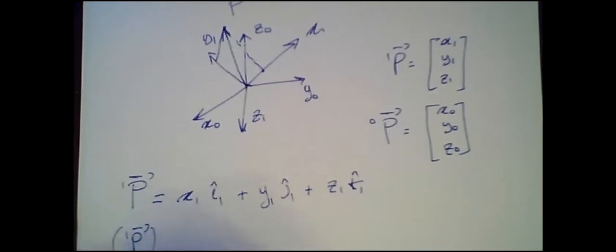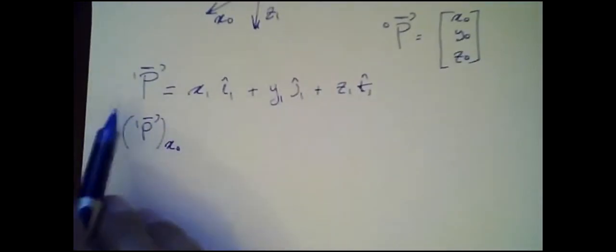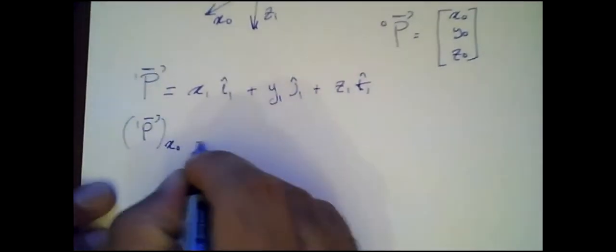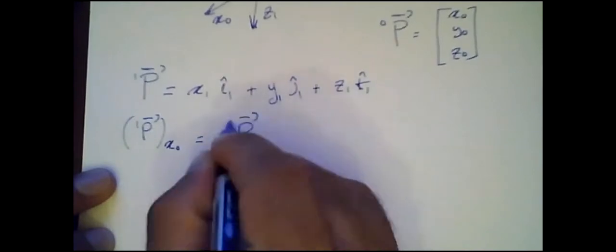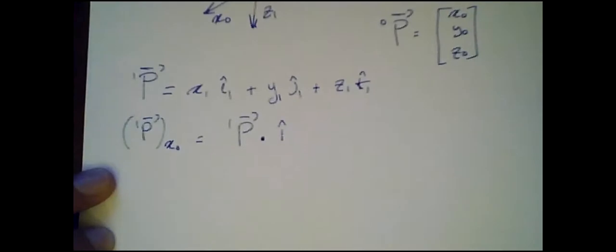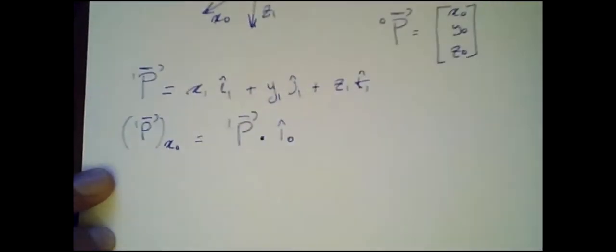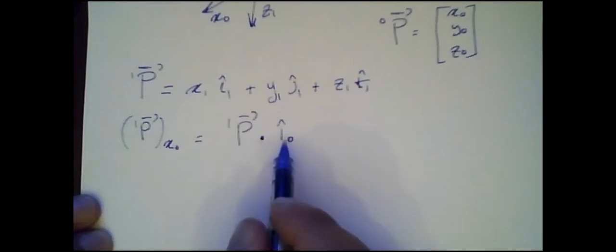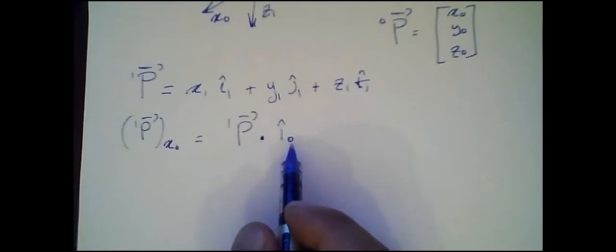So the component of this vector along x0, if I want to project this vector along x0, I will simply do P1 dotted with i, where i is initially, let's just put it as i0 just for reference. Likewise, if you do along y0, you're going to do that product with j0, etc.